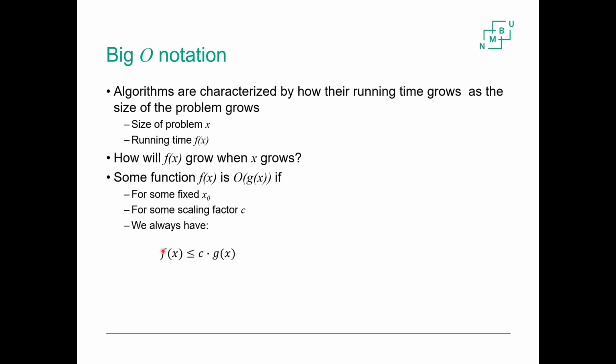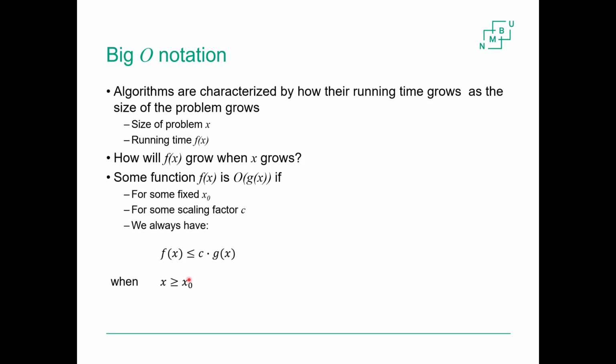So notice what we are actually saying here. The running time, the values here, should always be smaller than the values here, multiplied with a constant. And then this function tells us how this grows as you increase x. And this only applies when x is larger than this minimum x0.